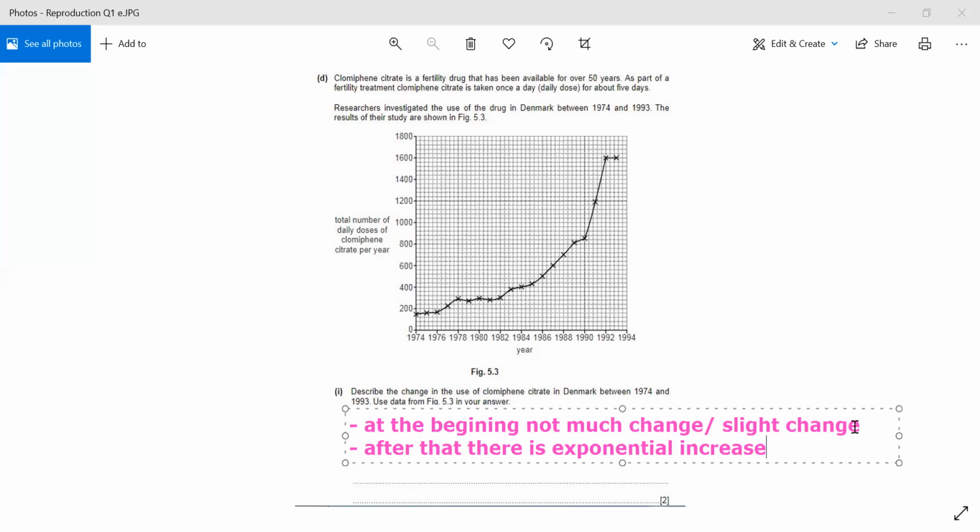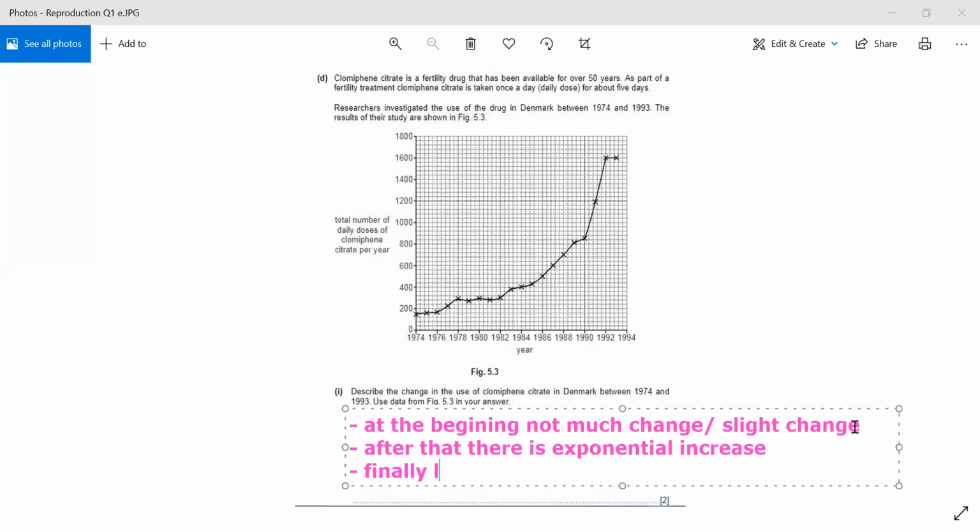And then, where will be the peak, it will finally level off, right? We can say finally it levels off. You may give the reference of the data code. When it is leveling off here, when I observe, it seems like around 92, maybe.